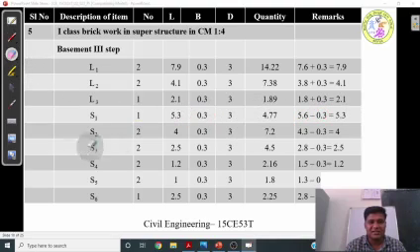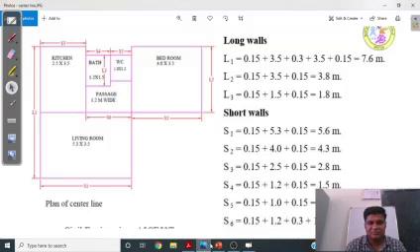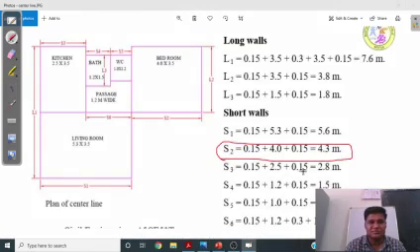In the same manner, the center line length of wall S2 is 4.3 meters. There are two numbers of S2, 1 and 2. Both of them are of the same length.